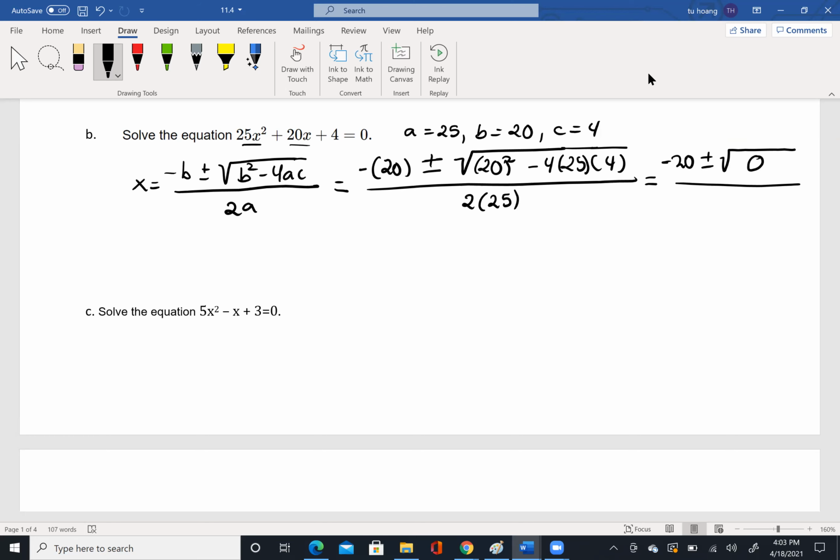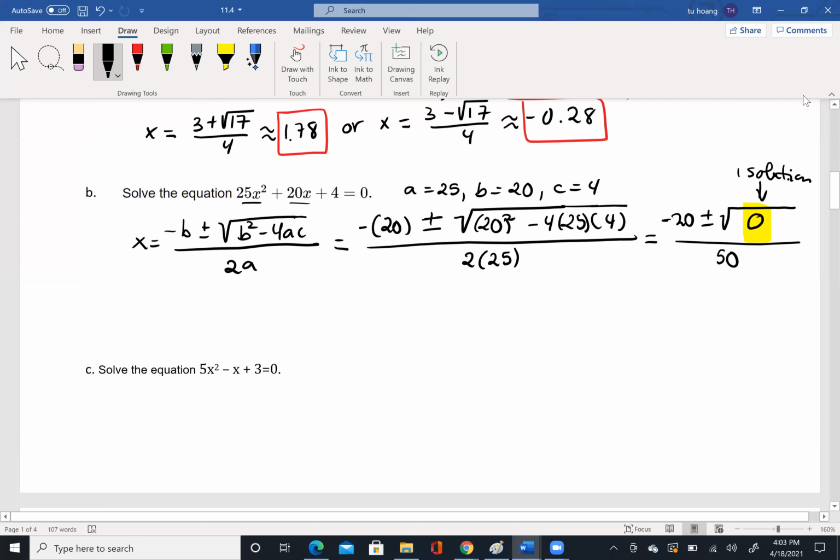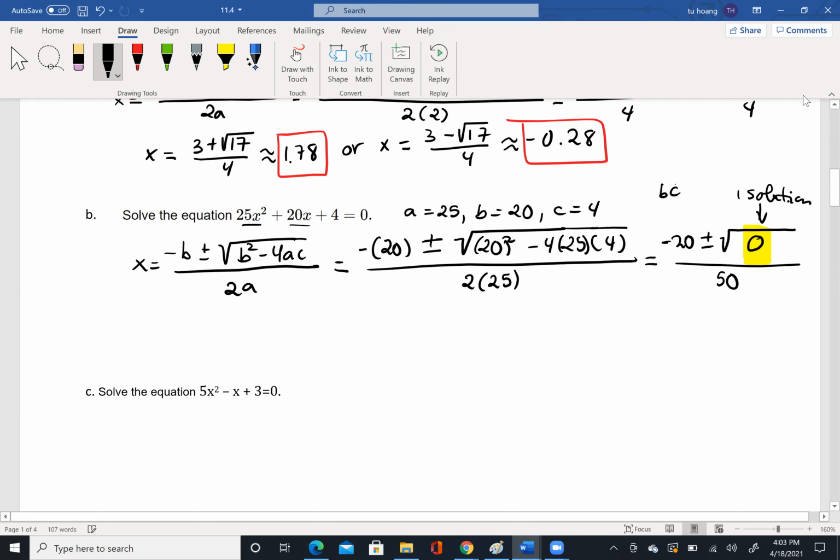And then 2 times 25 will be 50. Okay, so if you remember, when the discriminant is equal to 0, then you're going to have one solution. Because the discriminant equals 0, we're going to have one solution.